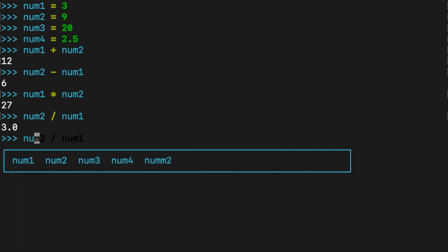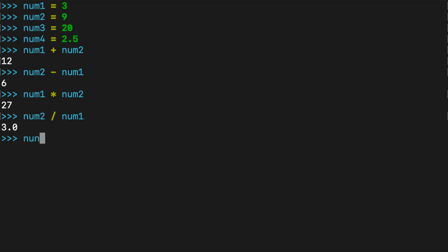If I want to square num1, for instance, the operator that I use is the double asterisk. That's my exponent operator or my power. So if I do num1 to the power of 2, I'm effectively doing 3 squared, 3 times 3 in other words, which is 9. So that's my exponent operator, 2 asterisk symbols.